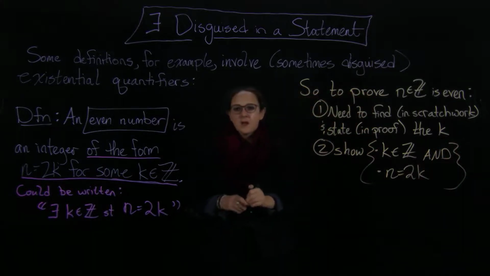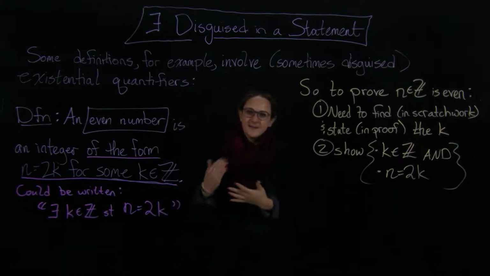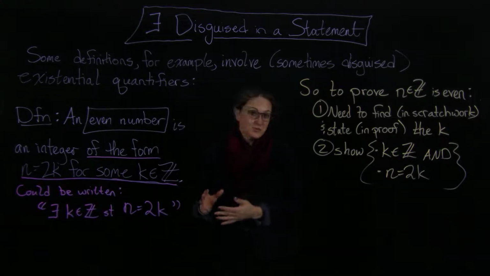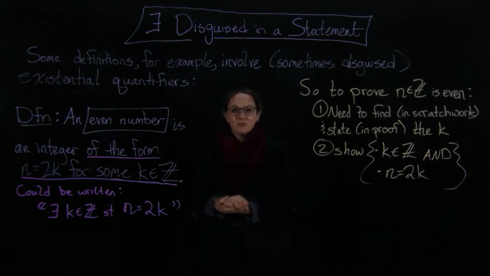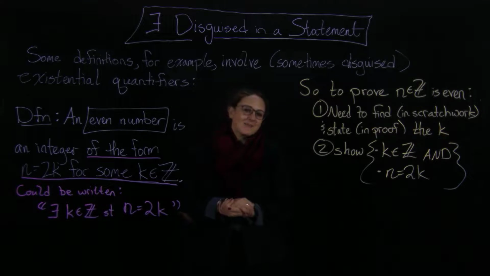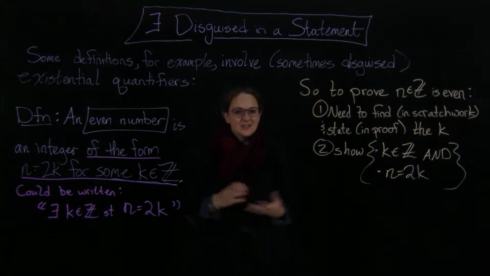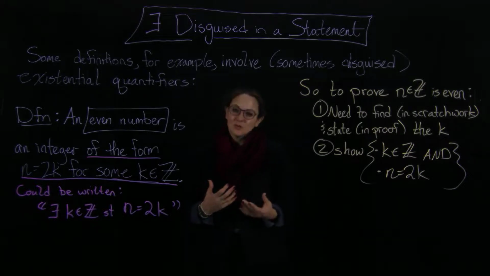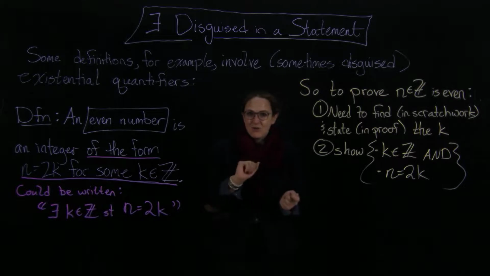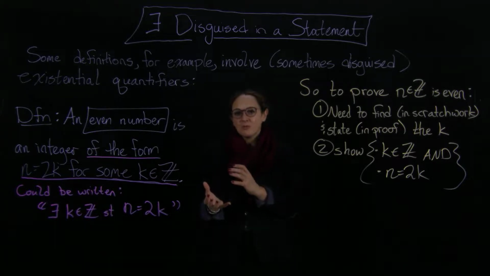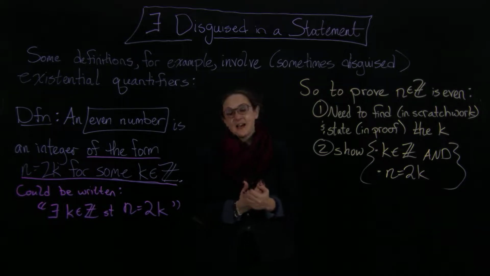This is not an unusual thing. There are quite a few times you might want to show that something is even, or that there exists an even number. So this is a definition it's good to get used to working with, and it has within it an existence statement.